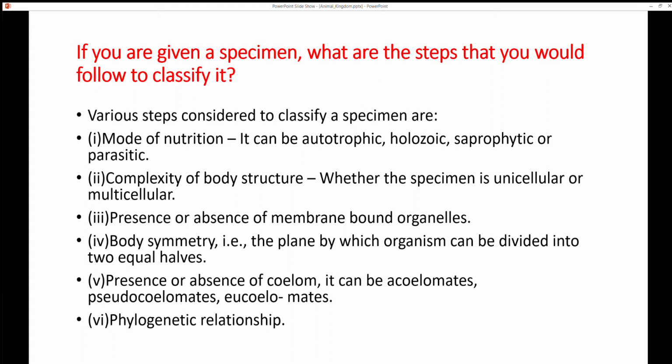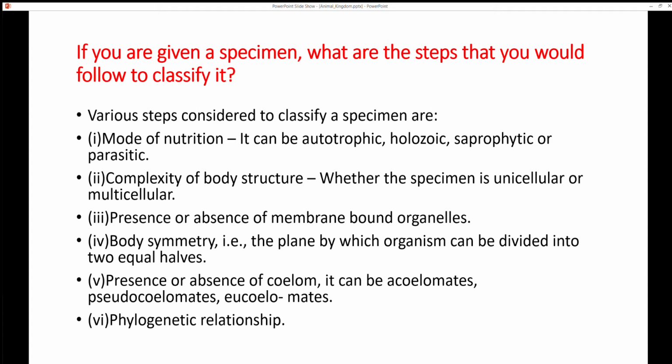It can be autotrophic, that is self-synthesizing food like plants by photosynthesis. They can make their own food. They won't depend on other animals or other organisms. Holozoic and saprophytic, which feed on dead decaying matter, or parasitic, staying inside a host and depending on the host.